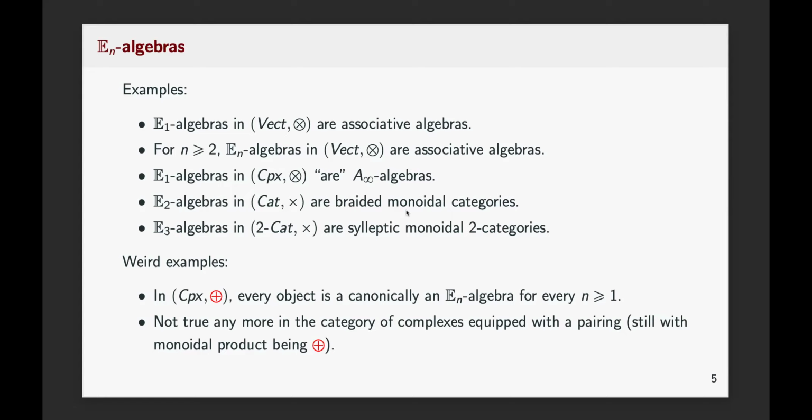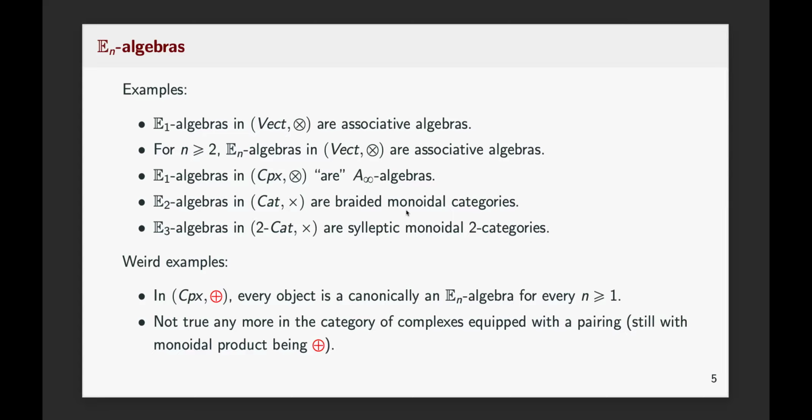E3 algebras in 2-categories, I don't know how much people are familiar with this, are called sylleptic monoidal categories. So that's as close as it can be to symmetric, but not exactly. And essentially, whenever you have an En algebra in a higher category, if the category does not have enough room for higher homotopies, it's going to be fully commutative.